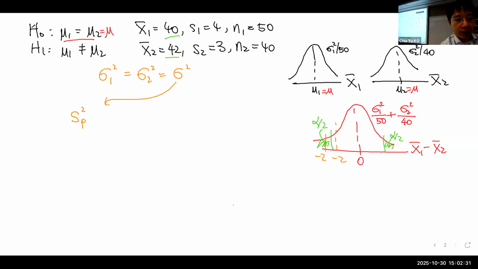And SP square is simply, if you look at the formula, N1 minus 1 over N1 minus 1 plus N2 minus 1 times S1 square, plus N2 minus 1, and you have the same for the second.